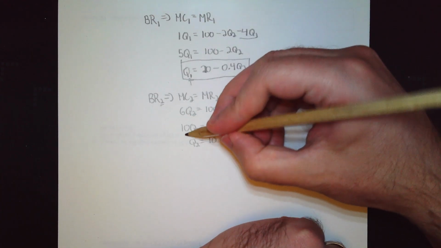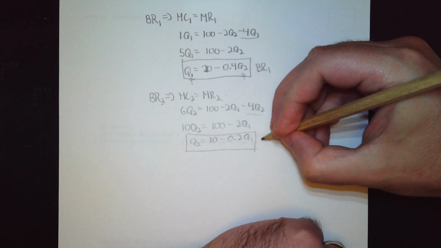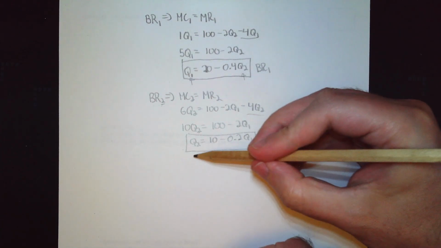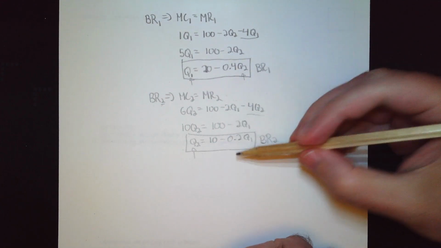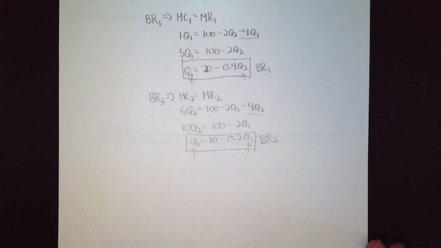Okay, this here is the best response function for firm 2. What quantity does the second firm want to produce as a function of the quantity that the first firm produces? Now notice we have a system of 2 equations with 2 unknowns.